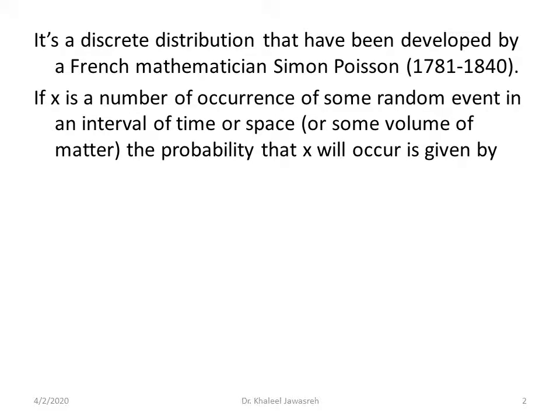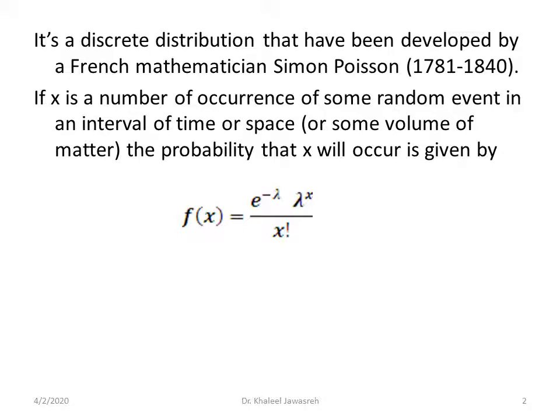For the general formula, or the general discussion behind this distribution, we can say that if x is the number of occurrences of some random event in an interval of time or space or some volume of matter, the probability that x will occur is given by this formula.